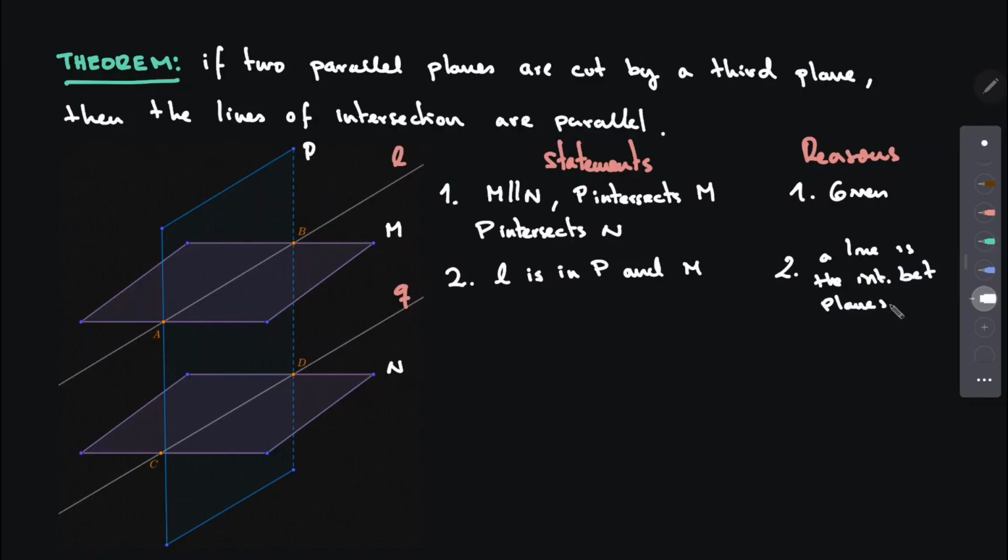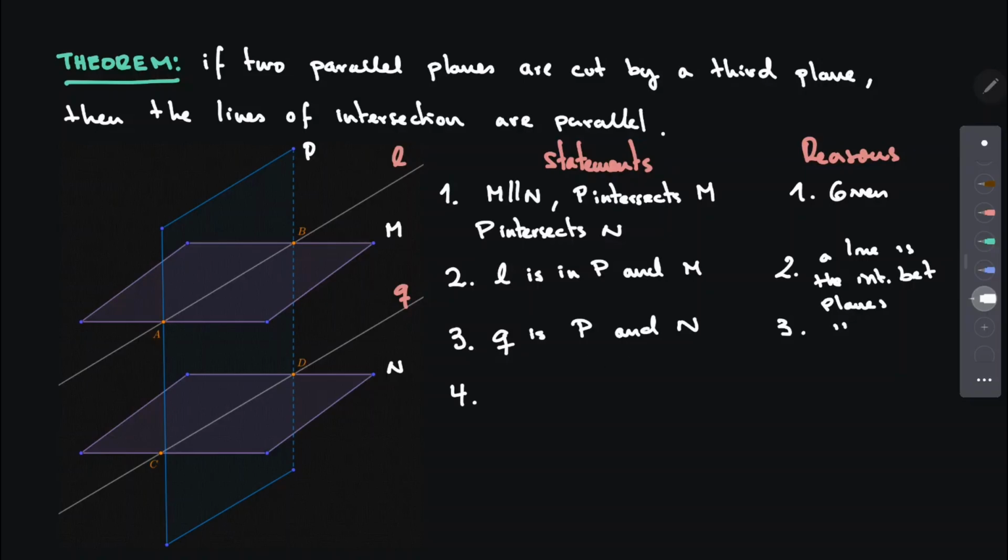By the same reason, we can say that line Q is in P and in N. And let me show it right here. So line CD, that is the same as Q, is in N and also in P.